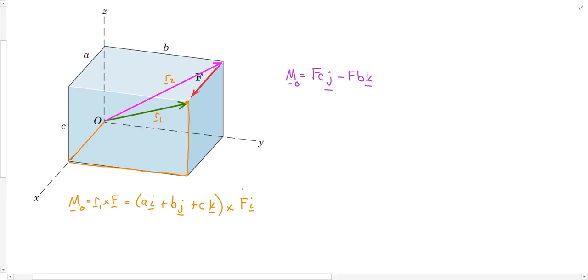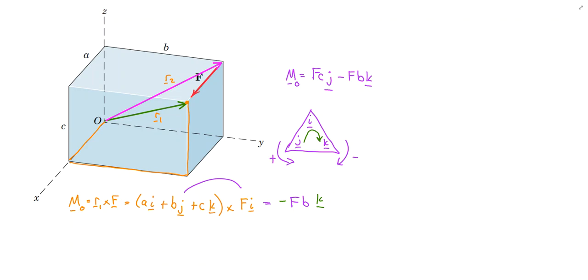And then I carry out my cross product. I don't have to worry about i cross i. That has no effect. That would be a 0 term. j cross i would be something, so we're going to write F and then b. And if we think about j crossed into i, we have our little triangle. And if we go this direction, it's a positive, and this direction, it's negative. And so j crossed i will give us a k, and that's a negative.